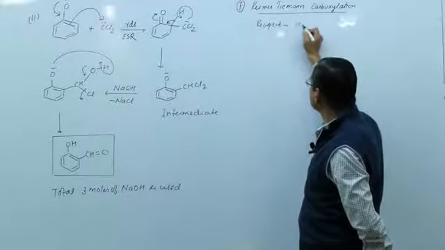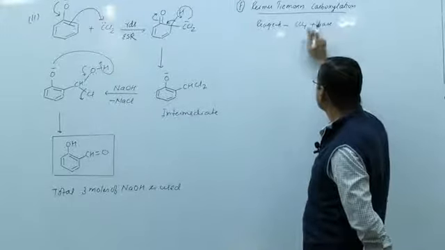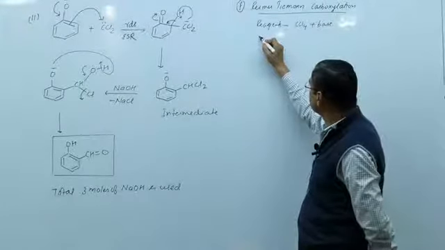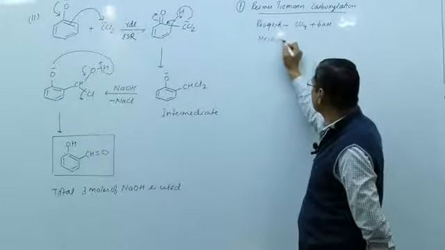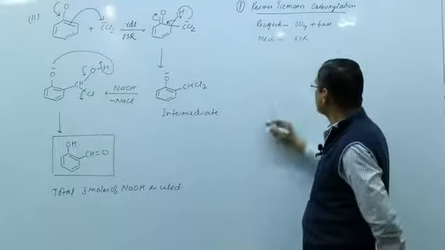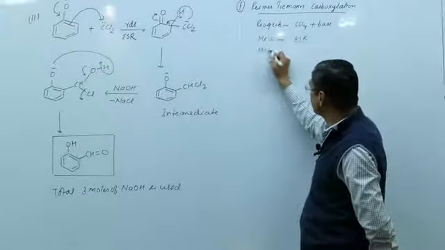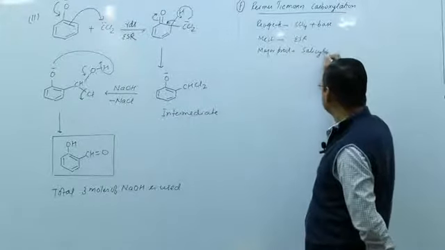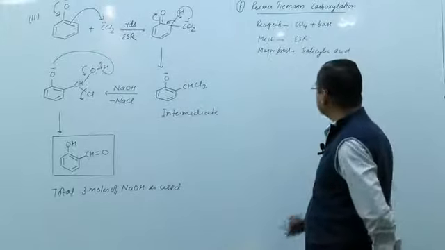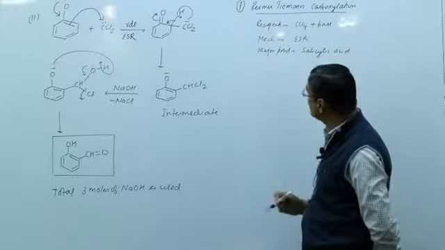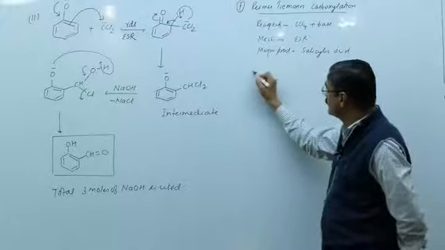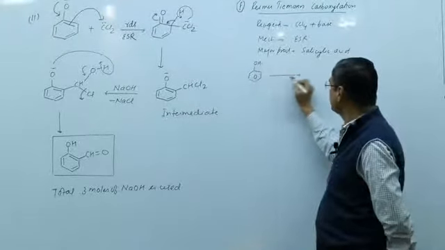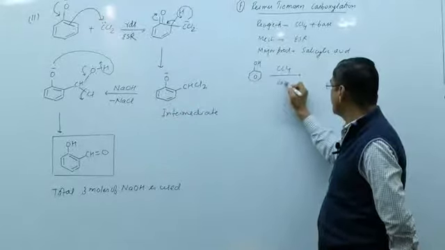Reagents are CCl4 plus base, mechanism again the same ESR reaction. Major product is now salicylic acid. Reaction is similar to the previous reaction. So I write the general reaction: phenol, CCl4 with NaOH.